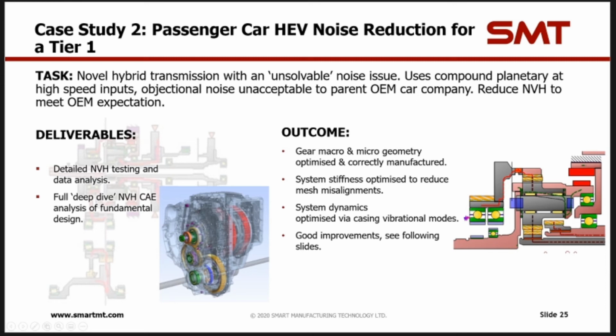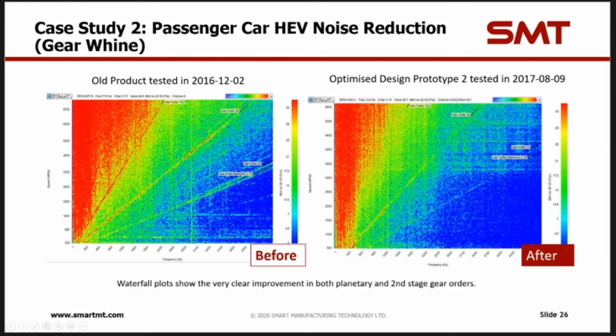Finally, we optimized the support of the sun gears so that the excitation was decoupled from the motors as much as possible. And you can see we have had significant improvement on the transfer gear set and planetary gear set orders.